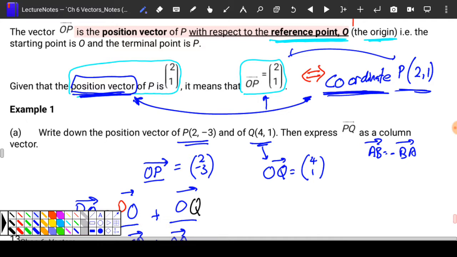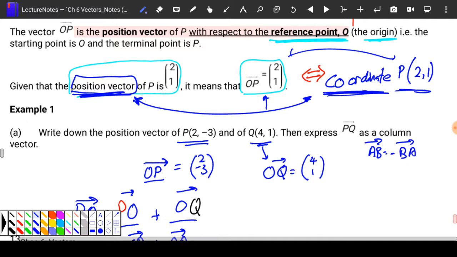Whenever I ask coordinate, I'm asking you what is the position vector of OP. If I ask you what is OP, I'm asking you what is the coordinate. They mean the same thing. Can follow? So I go back to the question again.